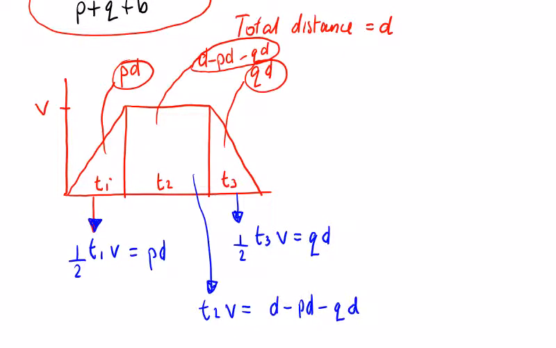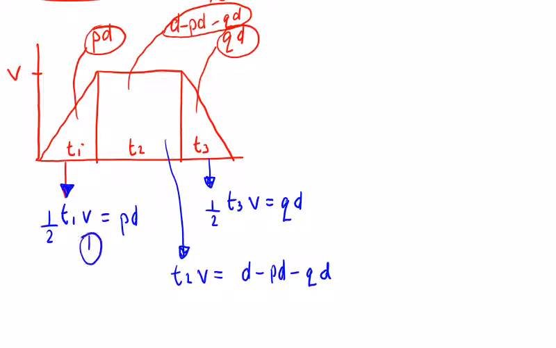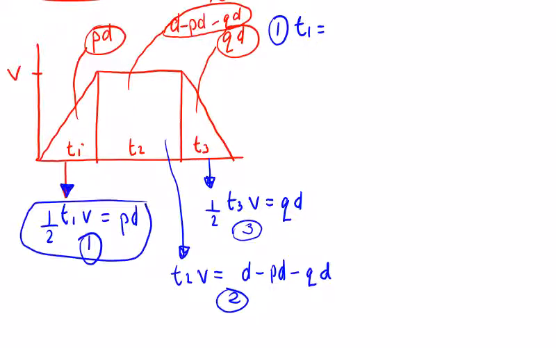So if we simplify these down into, I'll number them 1, 2, and 3. In terms of the total time taken, number 1, T1 is equal to 2pd, you can see here, multiply across by 2, 2pd divided by v. And the second one, T2 is equal to, well, I can factor out the d here.